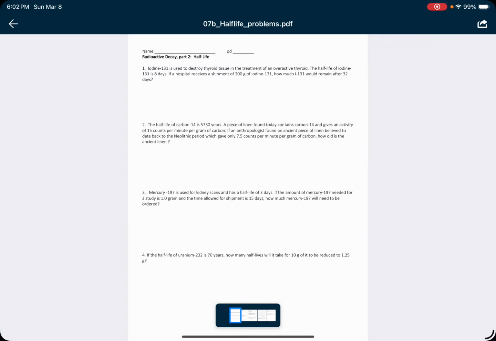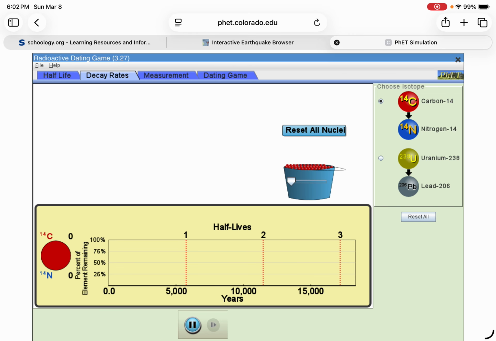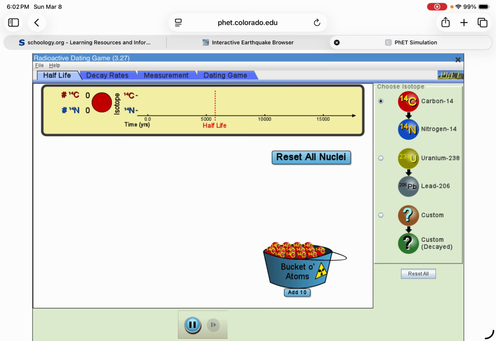So these are the different tabs that the problem set is talking about. So we're gonna look at what is this concept of half-life. Here we have a graph that tells us something that is happening. Here we have carbon 14.